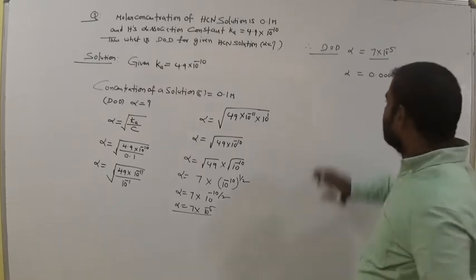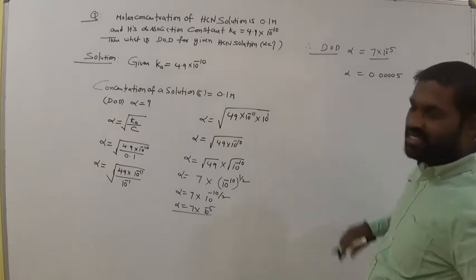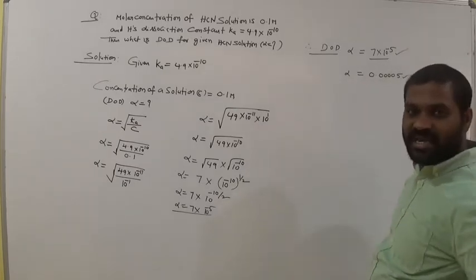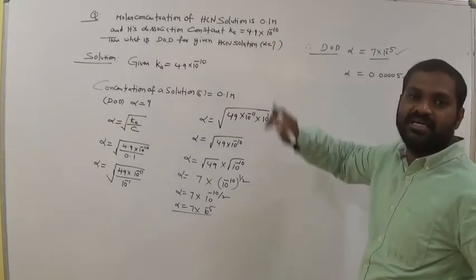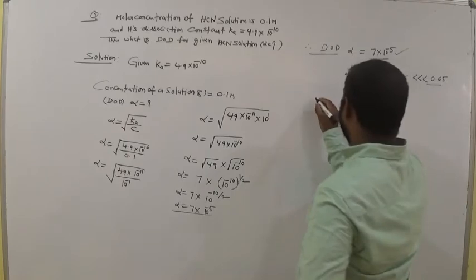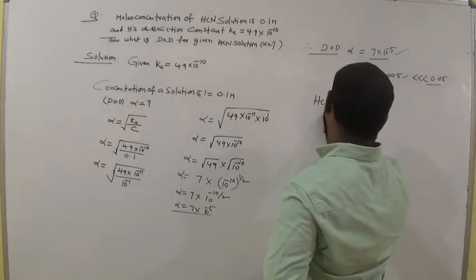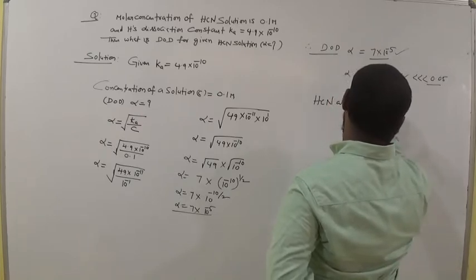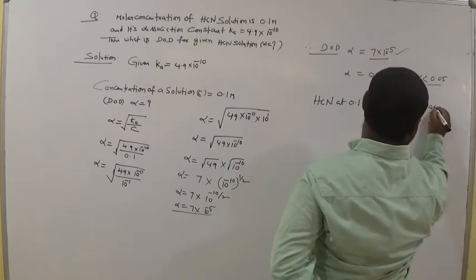So this is the answer, degree of dissociation. What does it represent? Can anybody guess? HCN is a weak acid in this condition. Finally, what we noticed here is that HCN at 0.1 molar concentration is a weak acid.